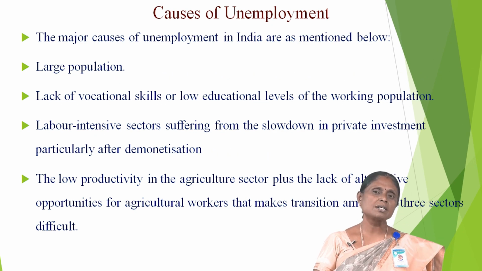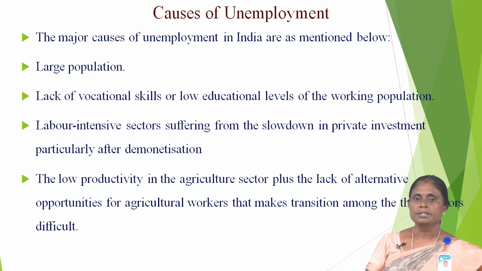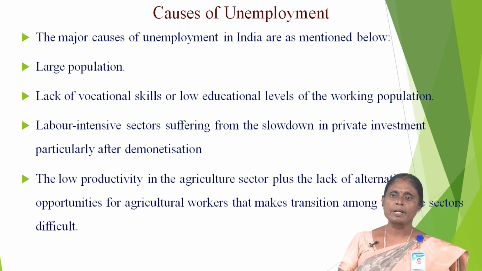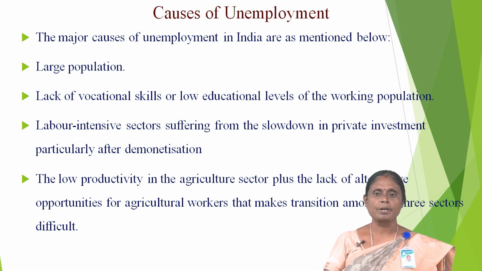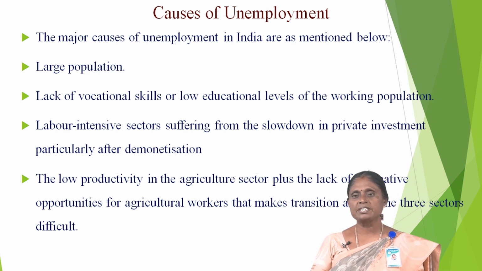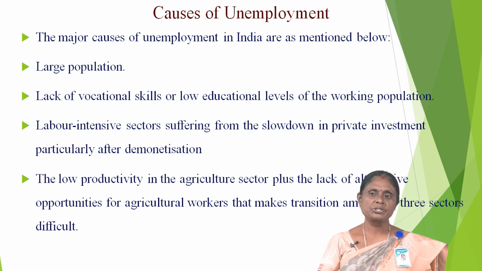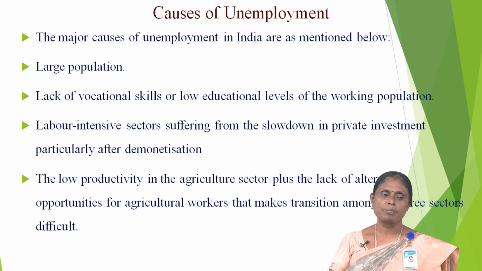Next, what are the causes of unemployment? We will discuss them one by one. The first major cause of unemployment in India is a large population. Next, lack of vocational skills or low educational levels of the working population.